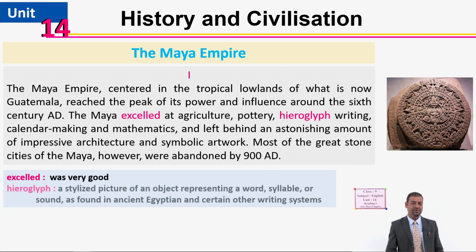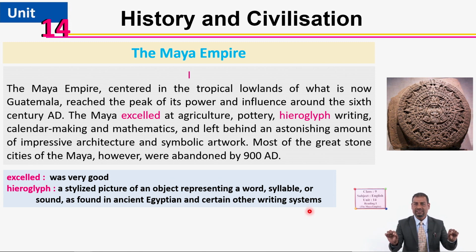Okay, the meaning of hieroglyph is a stylized picture of an object representing a word, syllable, or sound as found in ancient Egyptian and certain other writing systems. At the same time, write it down in your notebook. Have you done it? Good job.